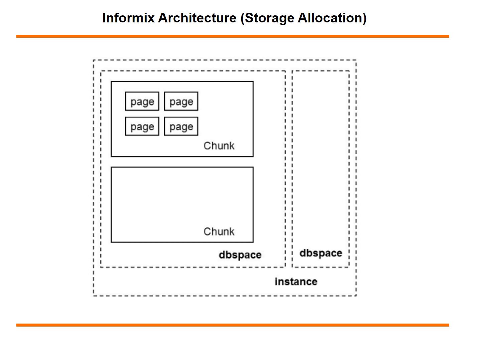If you compare to Oracle and other databases, a chunk is the physical storage, a page is like the data block, and Oracle has the tablespace as logical storage, while here it is the DB space. One DB space can have multiple chunks. In Oracle the actual data is stored in the data block, while here the actual data is stored at the page level. So this is the way of storage allocation in Informix databases.